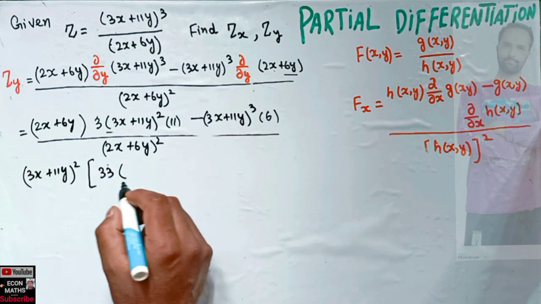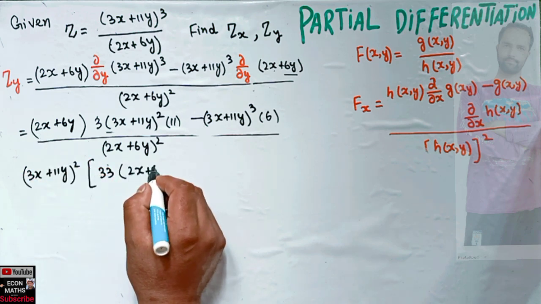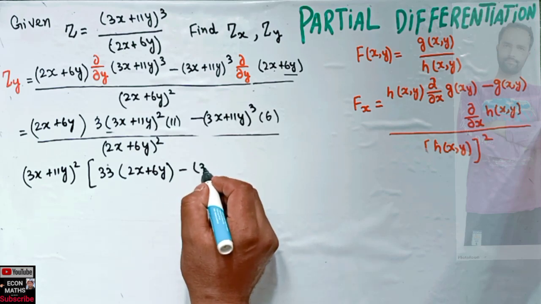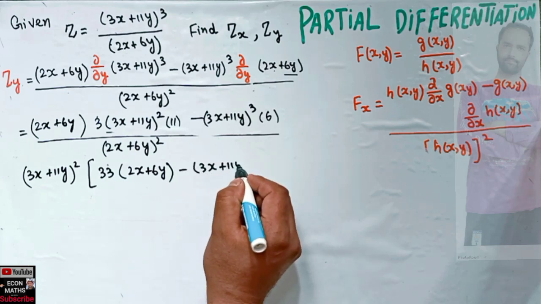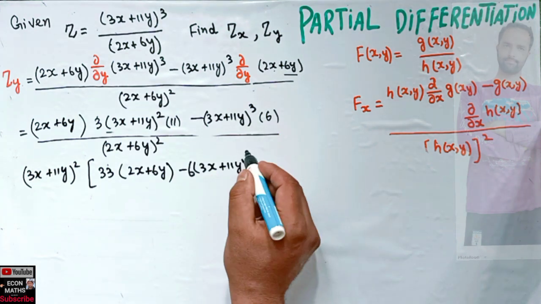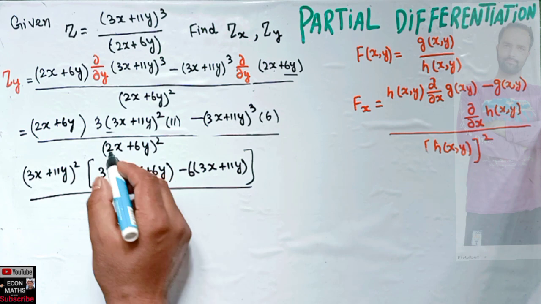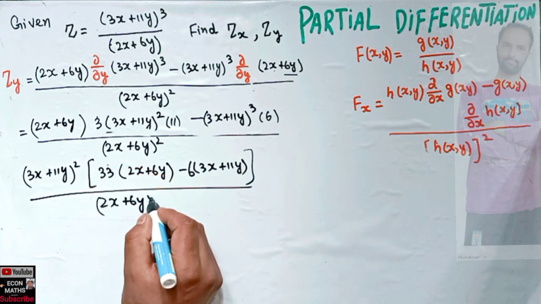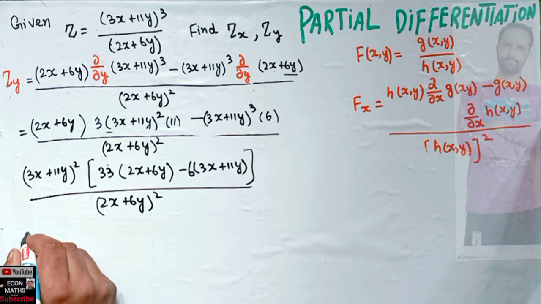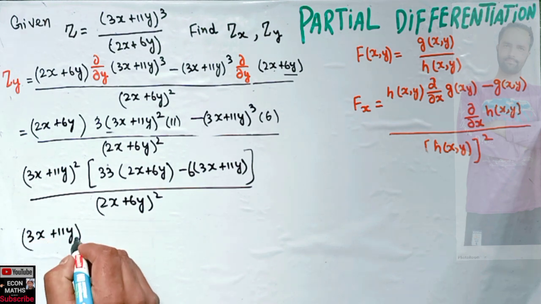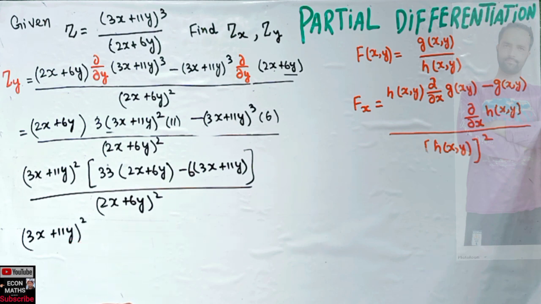We have this term 2x plus 6y, minus (3x + 11y). So let's write this 6 here, divided by this term (2x + 6y) whole square. Okay, now we have (3x + 11y) whole square.